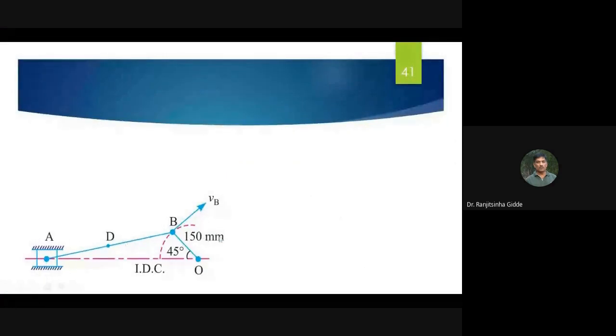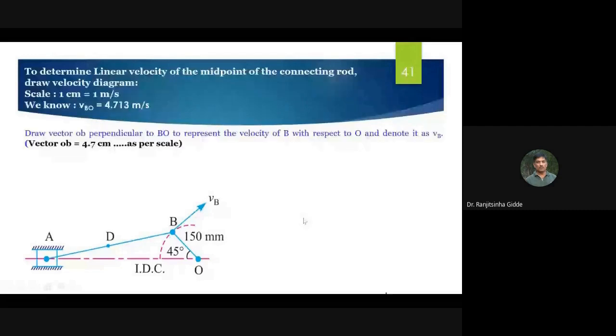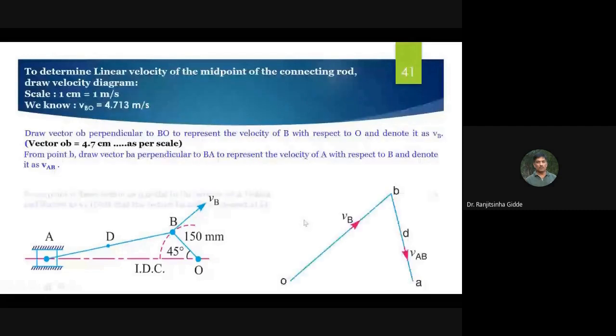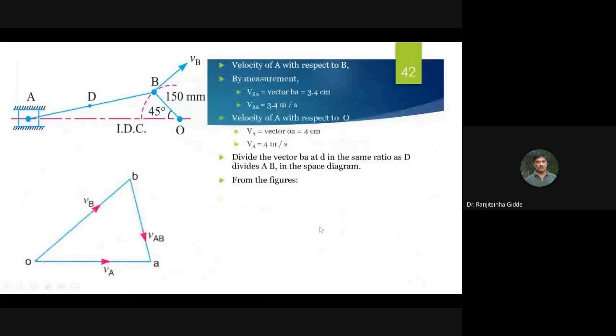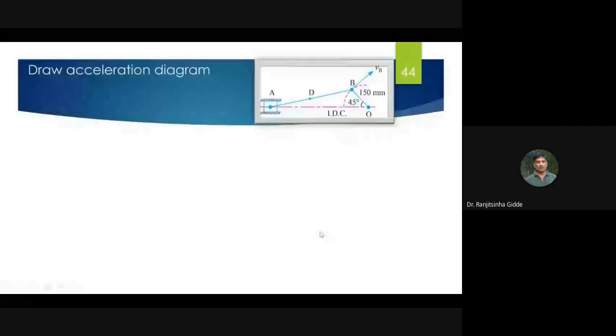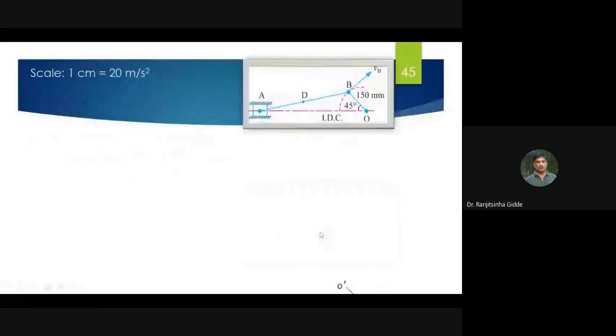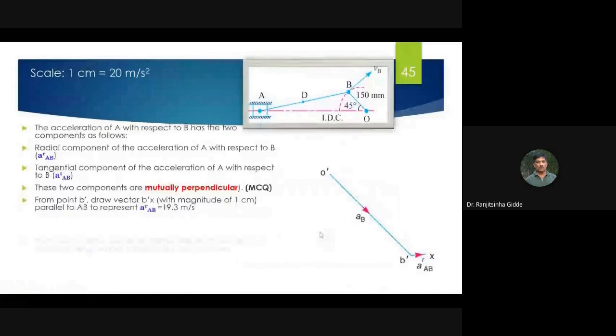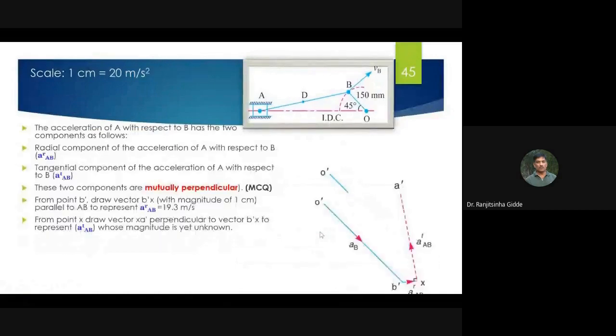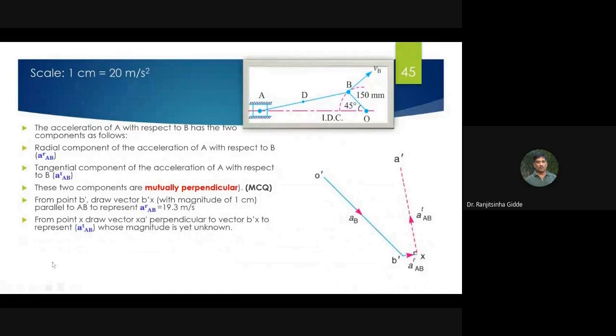Now we have drawn the acceleration diagram. Okay. So for the first link, we have drawn only one component that represents total acceleration because only speed is given.